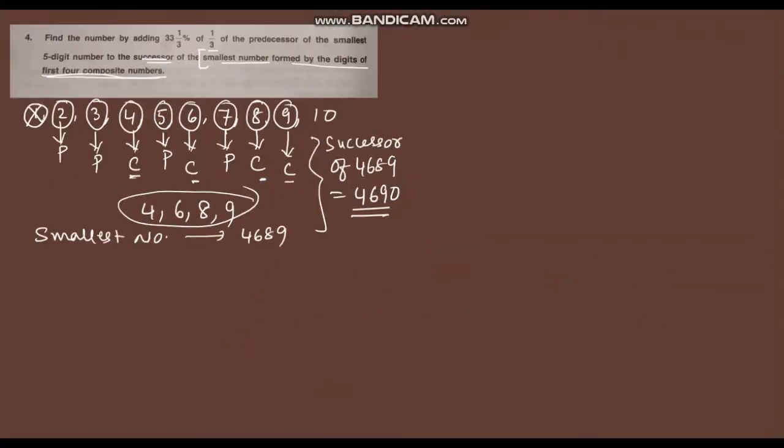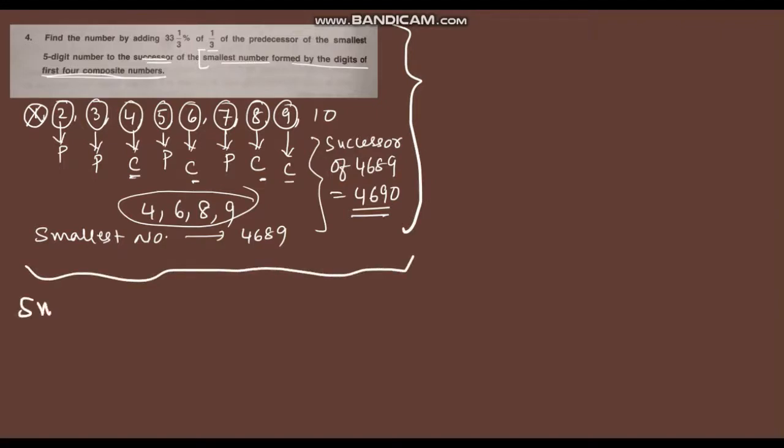Next part is, see here, predecessor of the smallest 5-digit number. Here see, 1/3 of the predecessor of the smallest 5-digit number. So first of all, let us write down the smallest 5-digit number. What is your smallest 5-digit number? It will be 1 followed by 4 zeros.